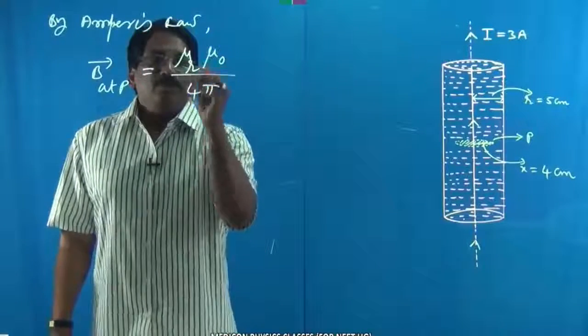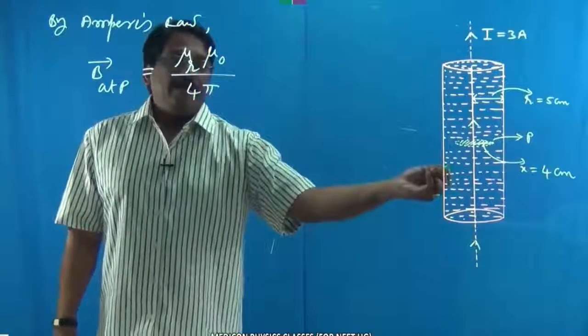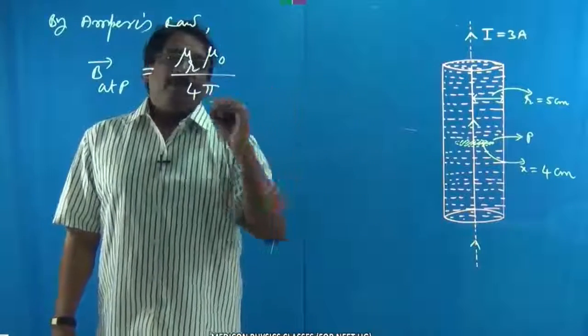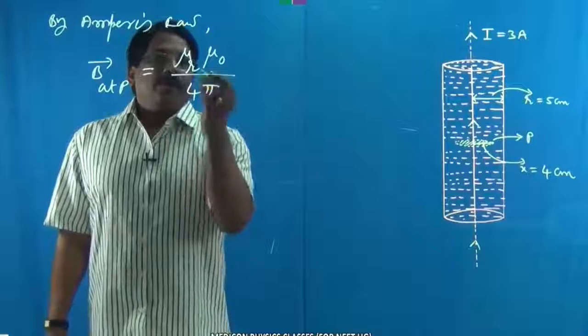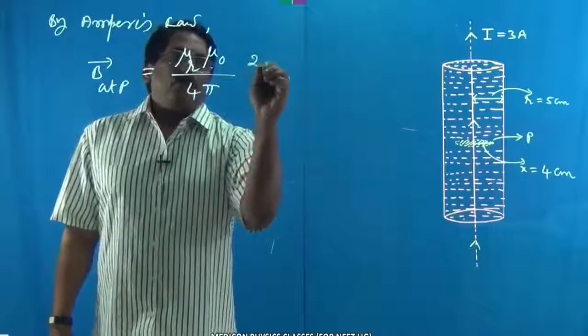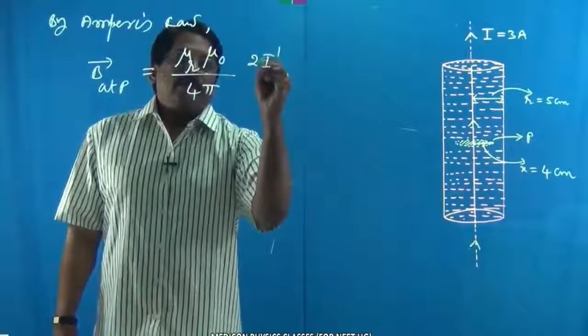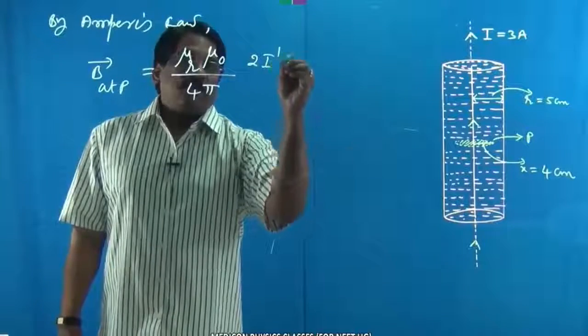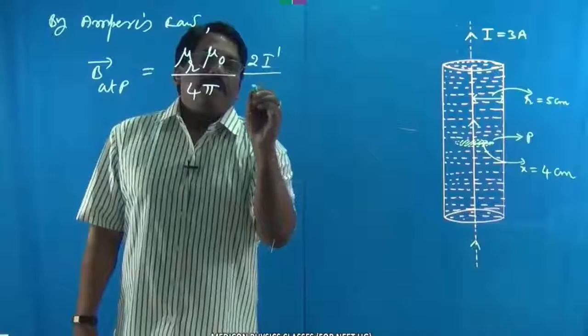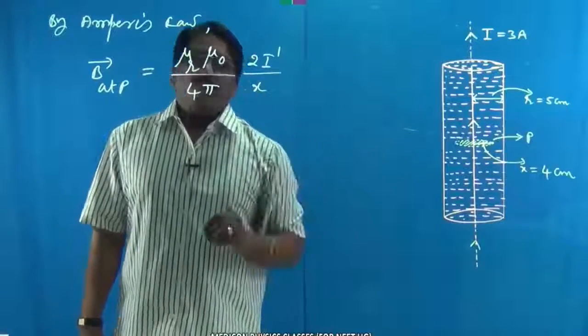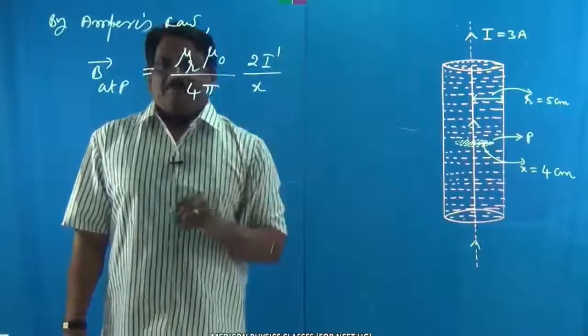Actually this is mu, the permeability of the medium, but since relative permeability is given to us, I am expressing it as mu r into mu naught by 4 pi into 2 I prime. Look at this, I am taking I prime, this is not I, it means some other current, which we now have to calculate, divided by x, where x is the distance of the point from the axis.